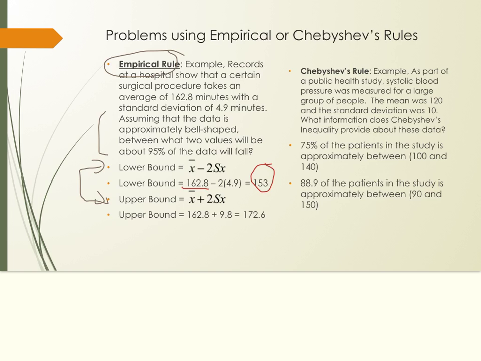And the upper bound is the mean, which is 162.8 plus 2 times 4.9, which is 9.8, and we get 172.6.